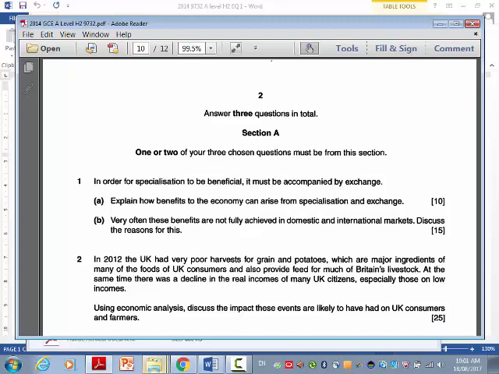Exchange here means for you to trade. Usually it's 2 or more countries. So this question is basically a question of specialization and trade. How do economies benefit? What is the best way to illustrate this?